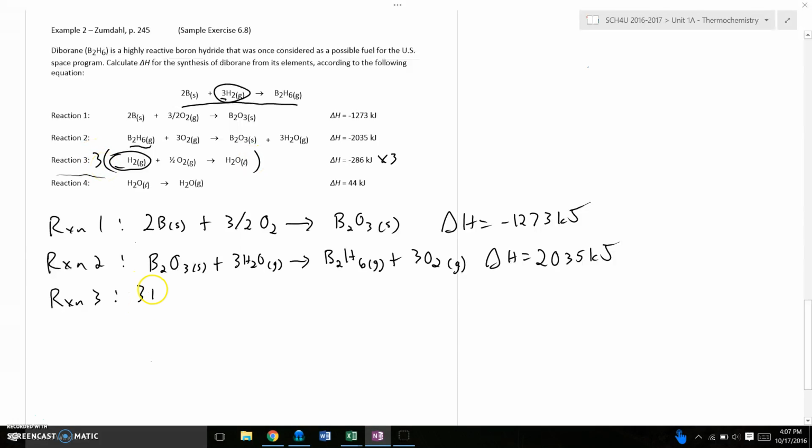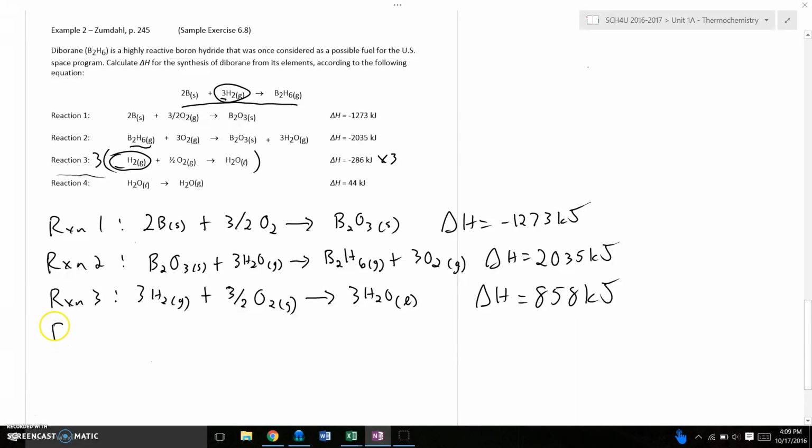So I have 3 hydrogen gas. I have 3/2 oxygen gas. And I have 3 water molecules produced. In doing that, again, my enthalpy is also multiplied, and that leaves me with 858 kilojoules.